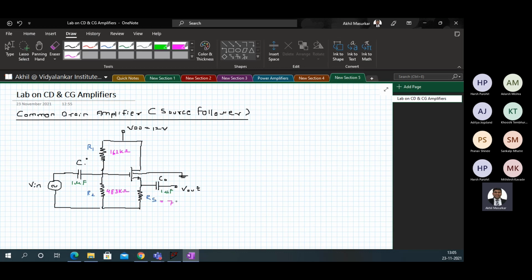This is 750 ohms. So this is your gate, drain and source. And we can have our VTN, which is always given. Let's say it's 1.5.